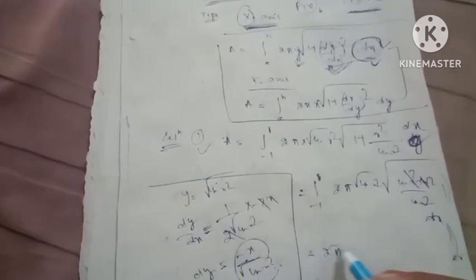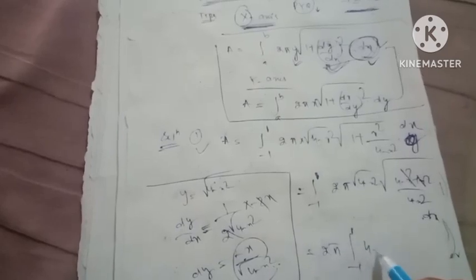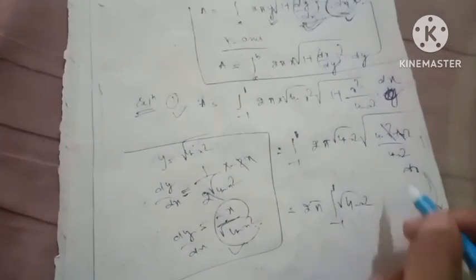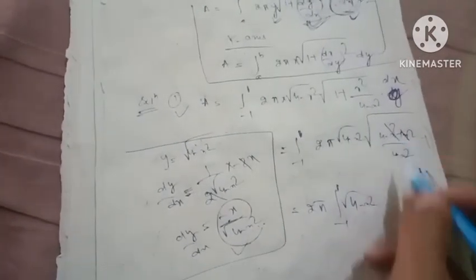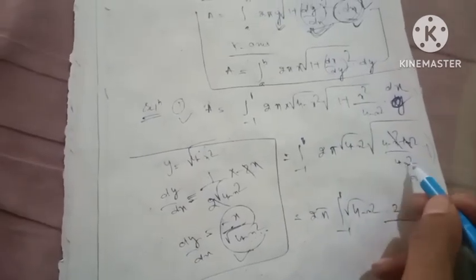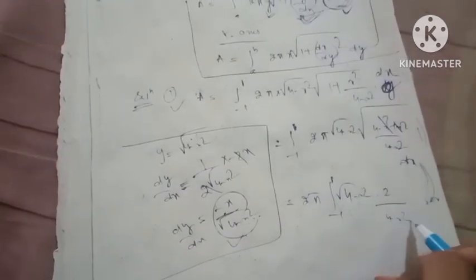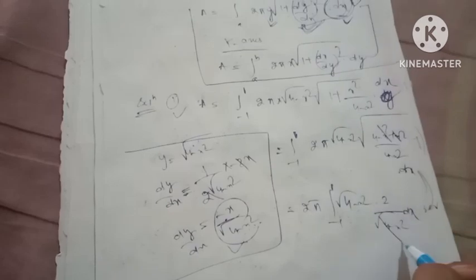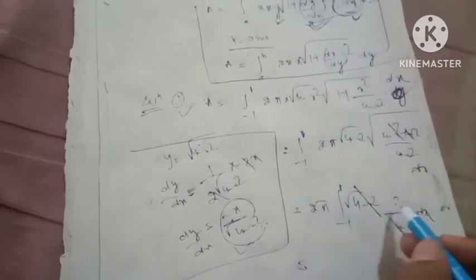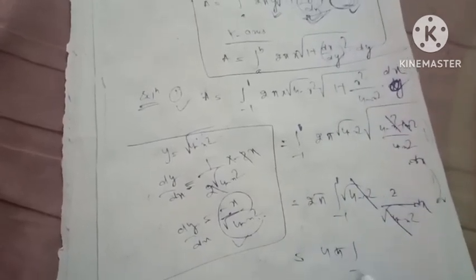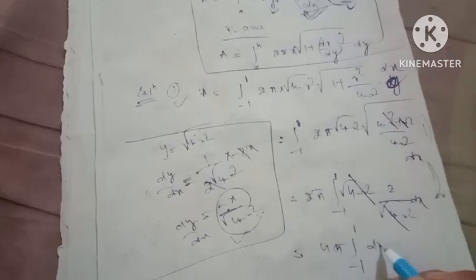So 2 pi will be constant. Integration from -1 to 1, square root of 4 equal to 2, and the square root of 4 minus x square remains, so the 4 minus x square cancels. 2 into 2, 4 pi integration from -1 to 1, dx remains.